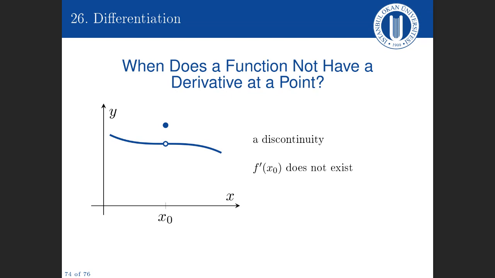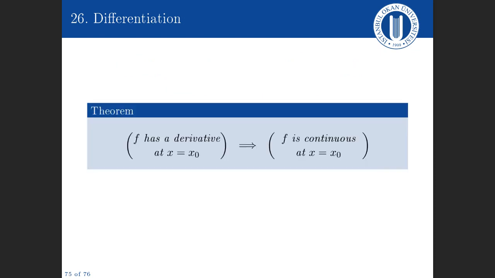Using the ideas from part 1, when we talked about symbolic logic, p implies q is the same as not q implies not p. So if a discontinuity implies not differentiable, change that around. Logically, that is the same as saying if f has the derivative at x0, then f is continuous at x0.